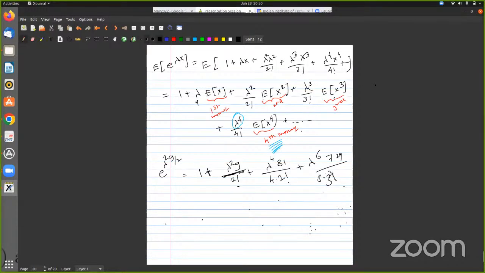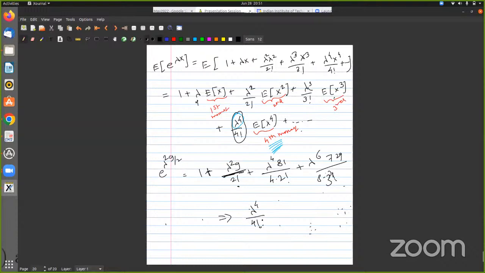So we are just getting even moments. And I know the fourth moment is related to which coefficient. We need to convert lambda to the power 4 by 2 factorial into lambda to the power 4 by 4 factorial.